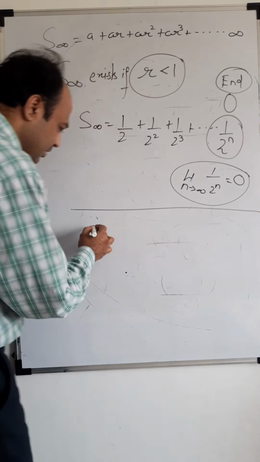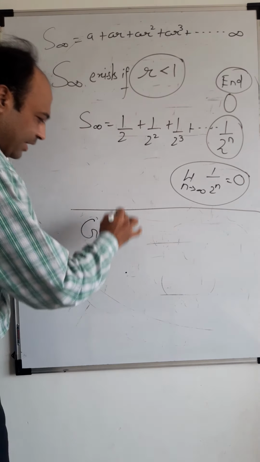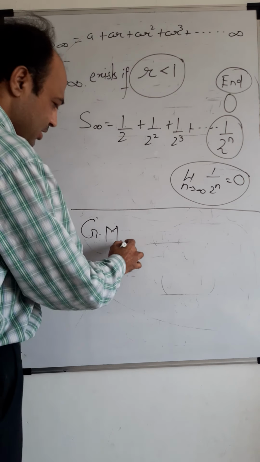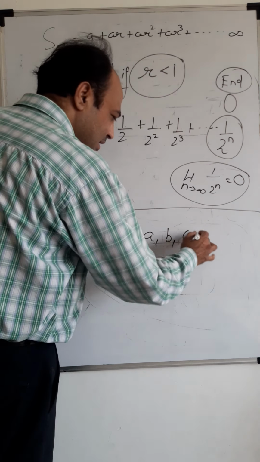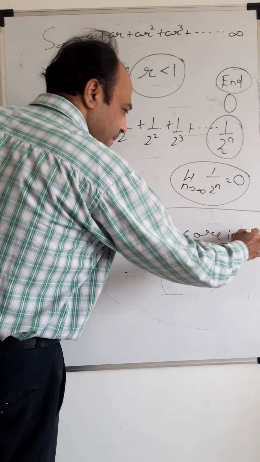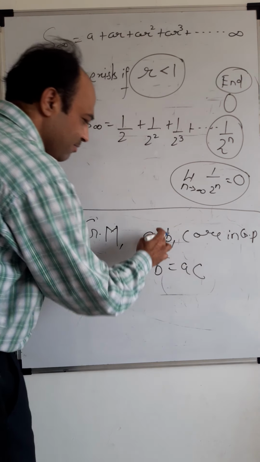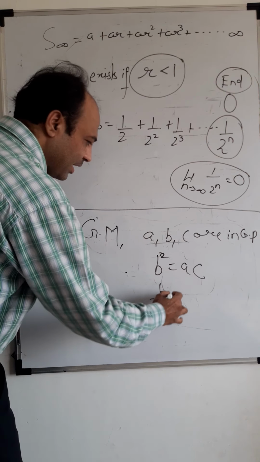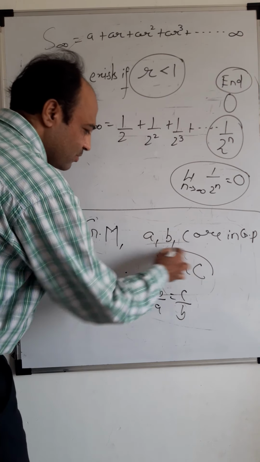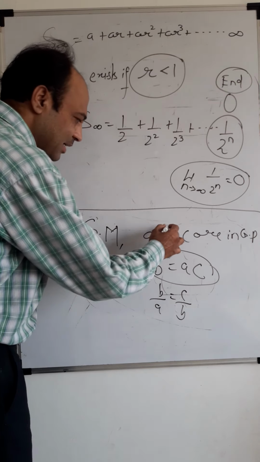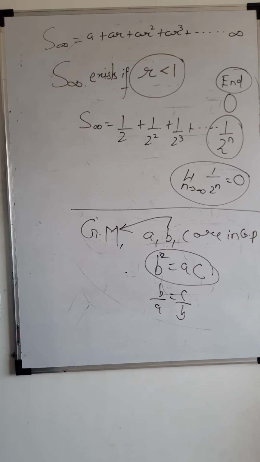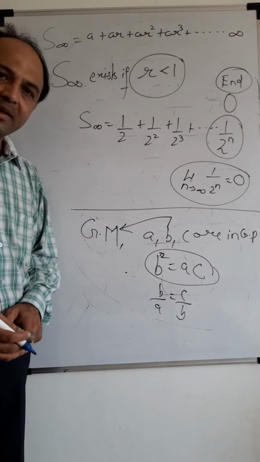Now we'll talk about geometric mean. Okay? Suppose A, B, C are in GP. Fine. So B square equals AC; we can write B upon A equals C upon B. Correct? So B square equals AC, and this B is known as the geometric mean of A and C. Correct?